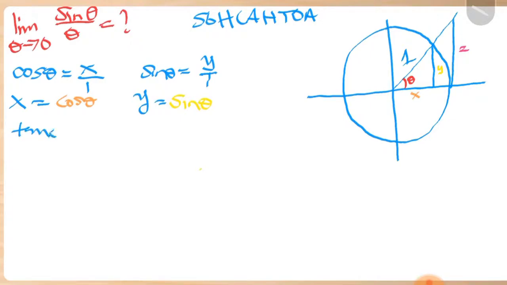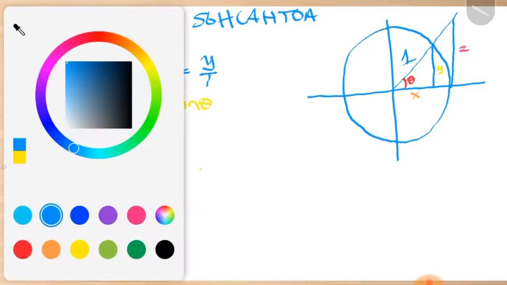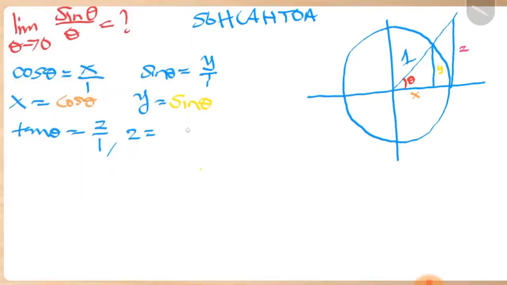So tan theta is equal to opposite, which is z, over adjacent, which is 1, and z over 1 is still z, and that is equal to tan theta.